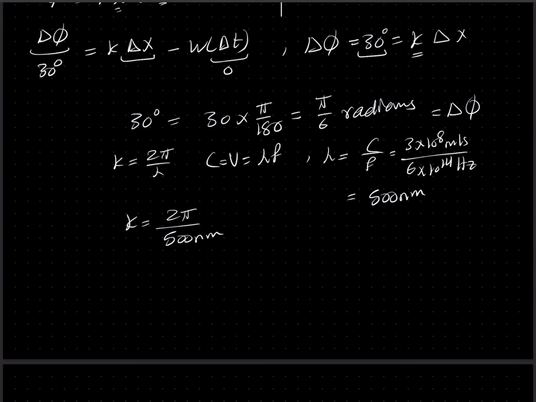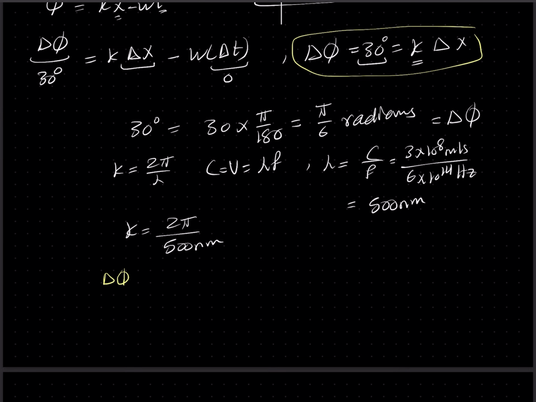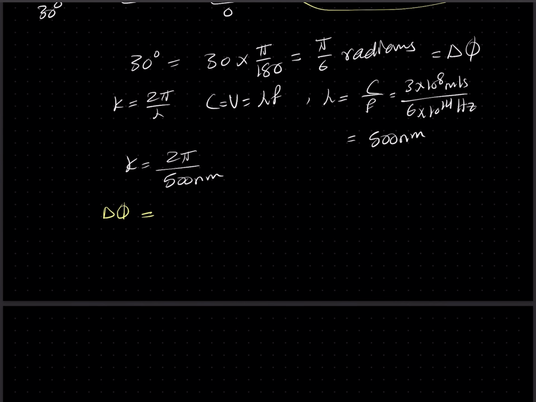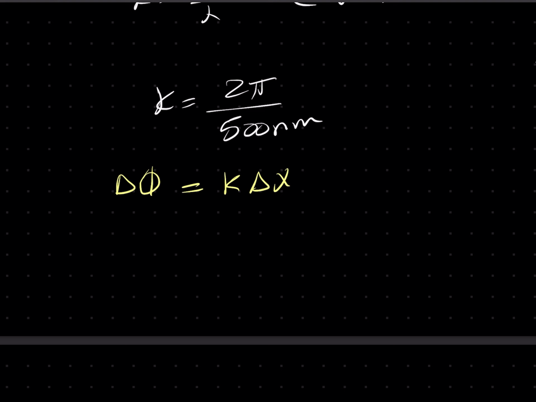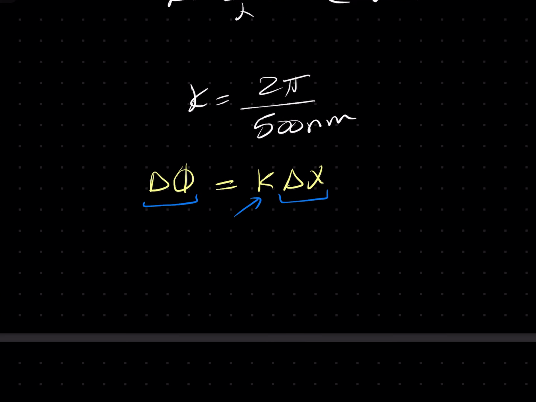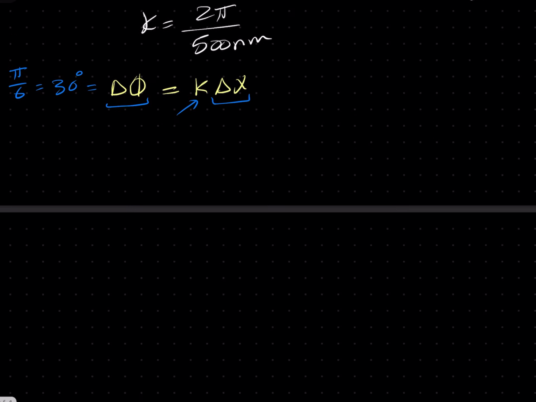Now I'm going to go back to this equation. Delta phi, the change in the phase or the phase difference, equals k delta x. Here we are trying to calculate delta x, the shortest distance. We just found out what k is, and we know that the phase difference, the one we're after, is 30 degrees, which we just calculated as pi over 6. So now the only unknown is delta x, and we can go ahead and calculate that.